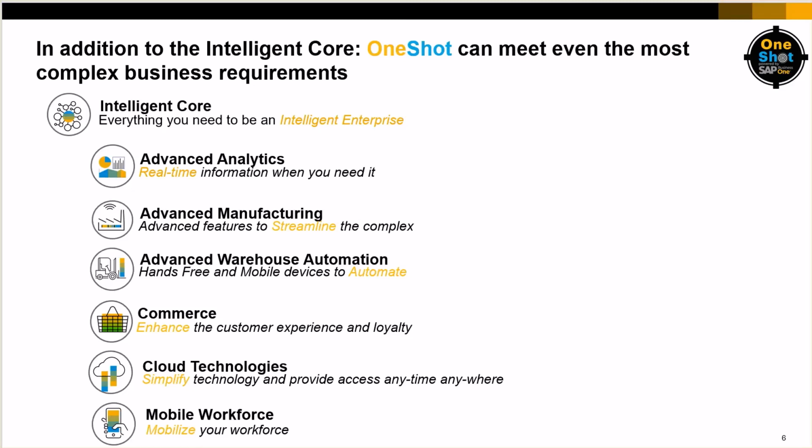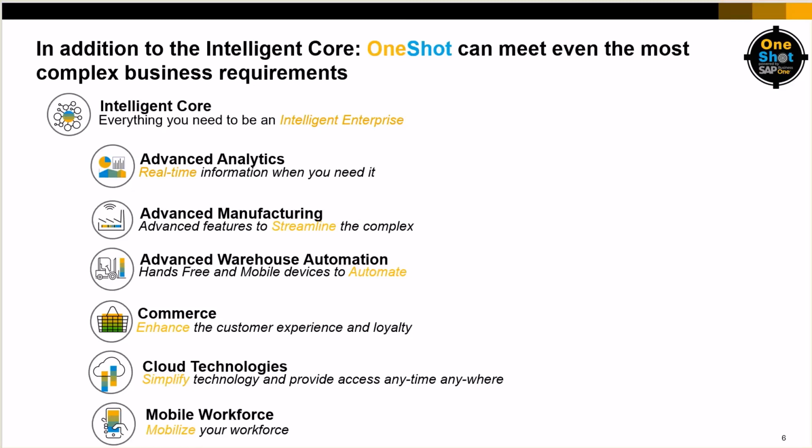But also above and beyond that, we really have the ability to meet almost any need that your organization has, whether it be automation, a very complex requirement, a very unique niche thing that you guys do. We have the ability to do that. And so you can see here a list of some of those things that we can help to bring in addition with the OneShot core.